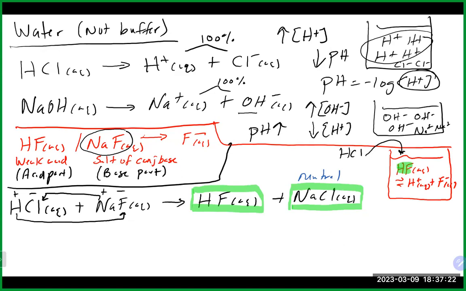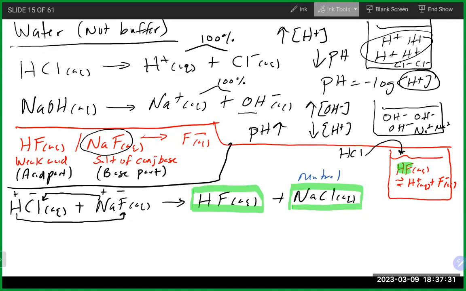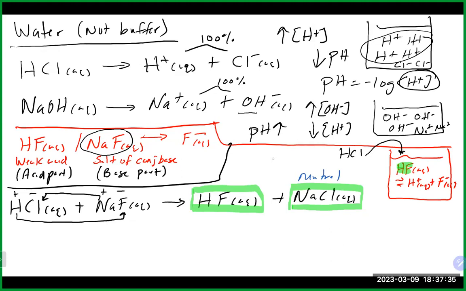So really, it is actually what we do not see here that we did see in the water case as to why the pH doesn't get all messed up. What are we not seeing here that we did see here when we added the acid to the water? That would be important for pH.